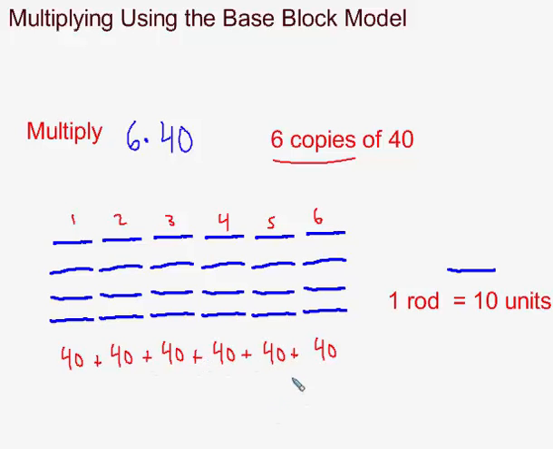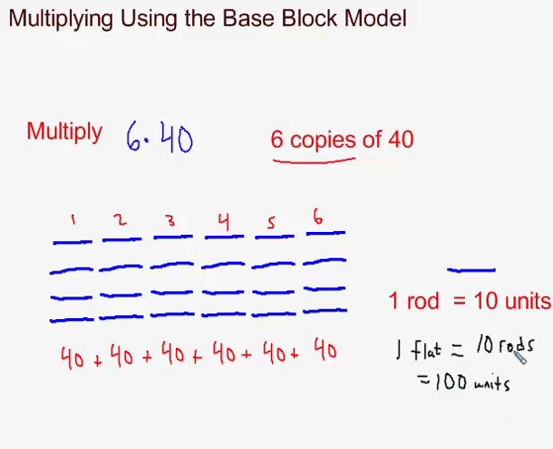So you could either add the number 40 6 times, or if you like it better, you could group these by tens, because we know that it takes 10 rods to equal 1 flat, and that 1 flat is equal to 100 units.